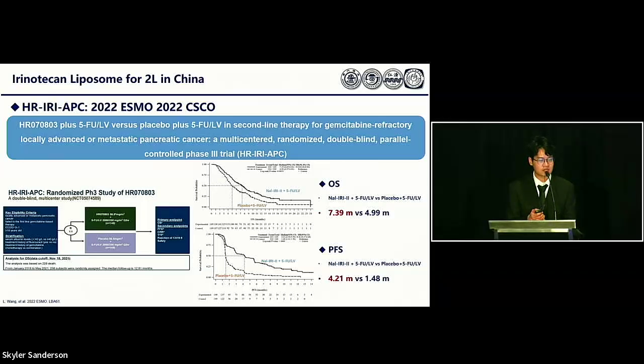We can see that the patients who received the Chinese liposomal irinotecan plus 5-FU and LV achieved more benefit from this regimen, with significant improvement in median OS and median PFS. So overall, the benefit brought by liposomal irinotecan is undoubtedly one of the most important advances in pancreatic cancer chemotherapy, and we look forward to more favorable results in the future.